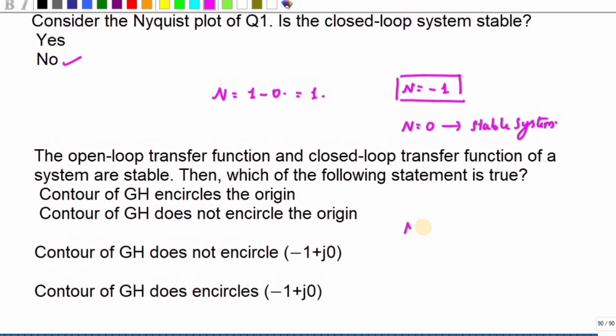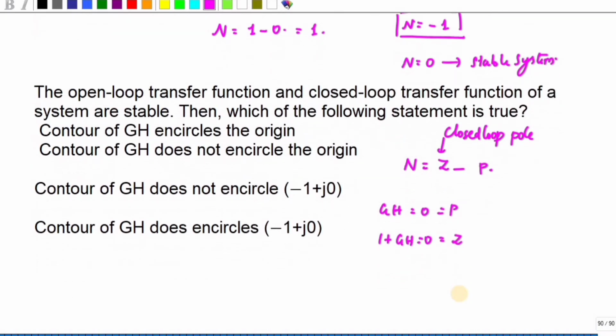The open loop transfer function and the closed loop transfer function of a system are stable, then which of the following is true? So we know that N = Z − P. I already told you Z is nothing but the closed loop poles, and P is nothing but the open loop poles. And the answer is: the contour of GH doesn't intersect −1. So here if Z is 0 and P is 0, obviously N is 0.